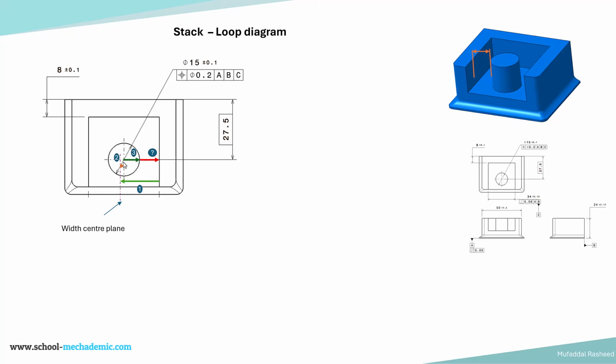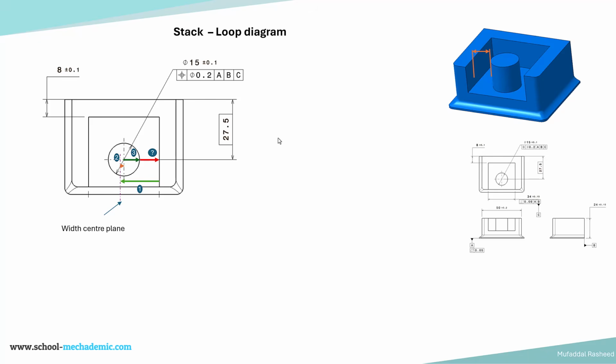Then from the axis of the pin, we go towards the edge, which is nothing but the radial variation of the pin, that is specification number 3. So it's very simple. Only thing is we need to differentiate between 1 and 2, the variation from the edge of the width to the center plane of the width, and from the center plane of the width to the center of the pin.